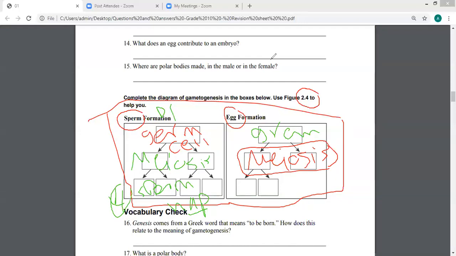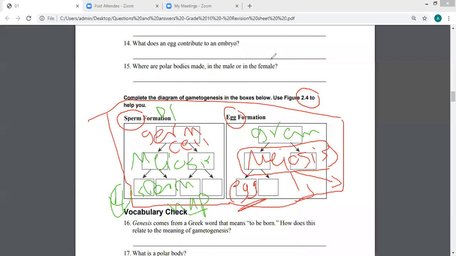Okay, the germ cell in the ovaries divides by meiosis to produce eggs, but we know it will produce four, yet just one egg, just one.